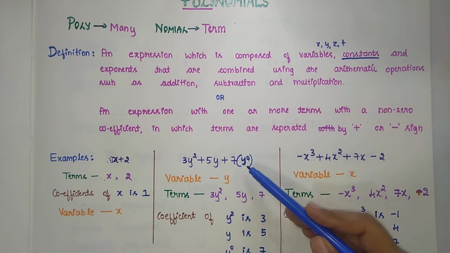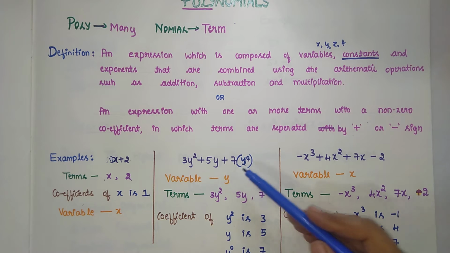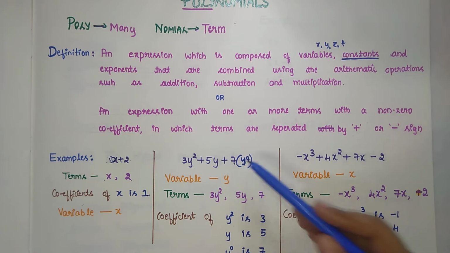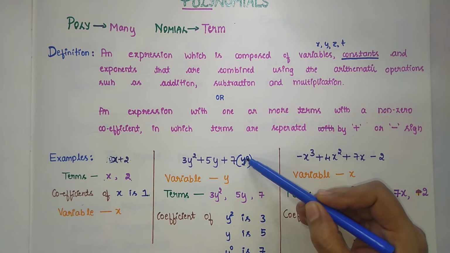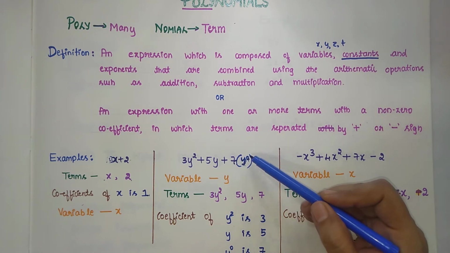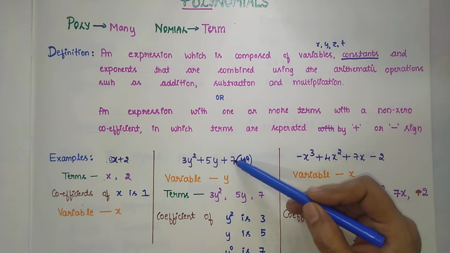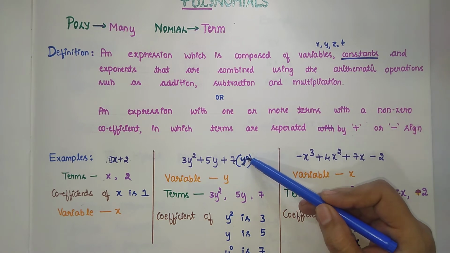Let us see the second example. The second example is 3y square plus 5y plus 7. Here I have written y power 0 along with 7 because I want you to understand how we take 7 as the coefficient of y power 0.